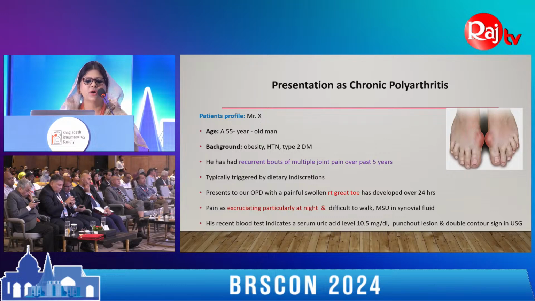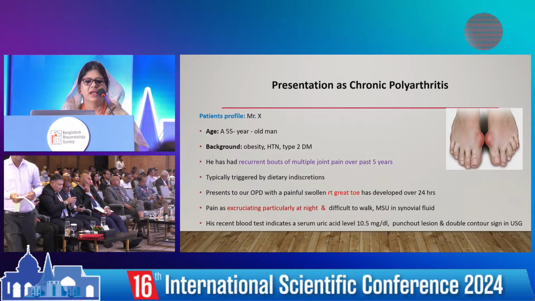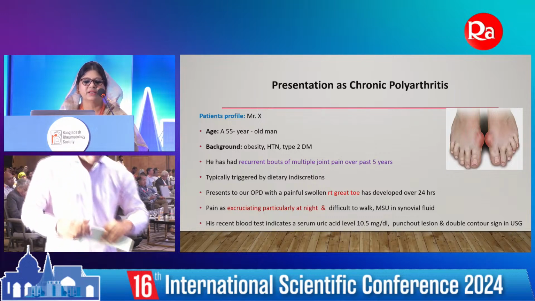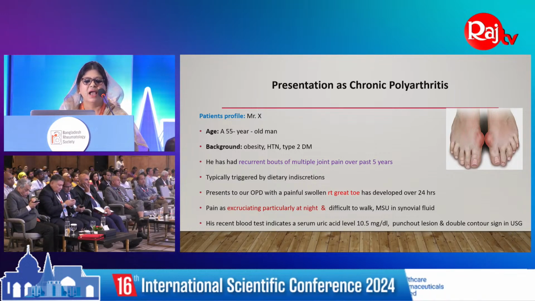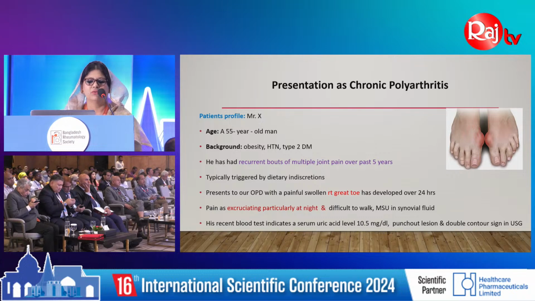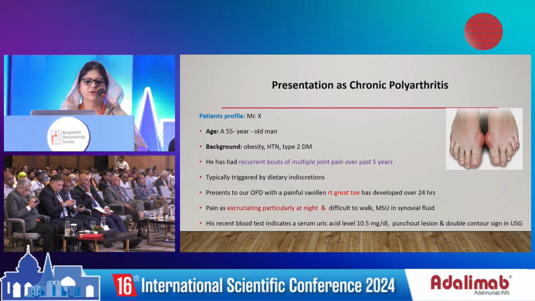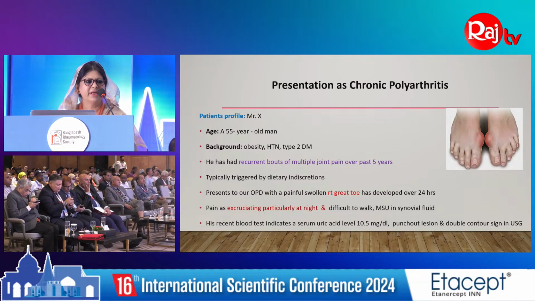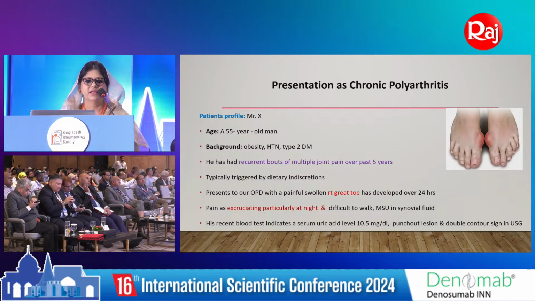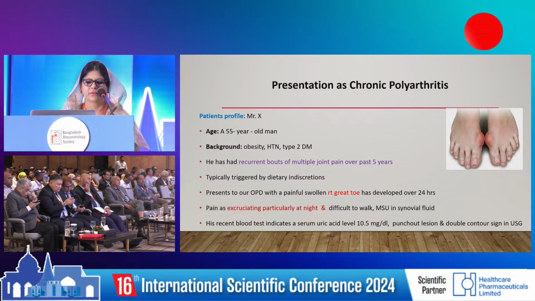He has a history of recurrent bouts of multiple joint pain over the past 5 years, typically triggered by dietary indiscretion, and presented to our outpatient department with a painful swollen right great toe over 24 hours. His pain was so excruciating, particularly at night, that it made him difficult to walk.